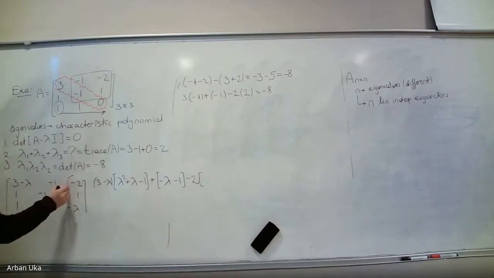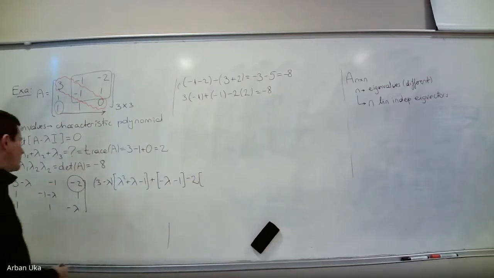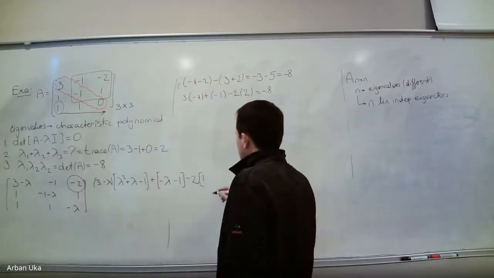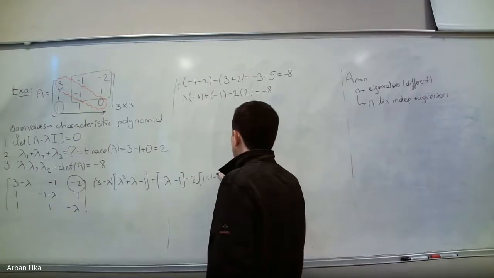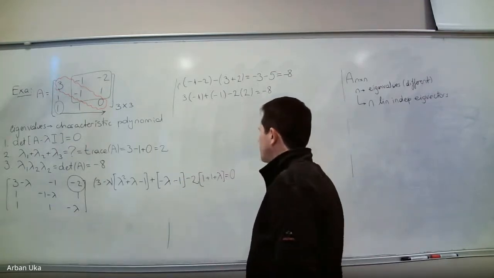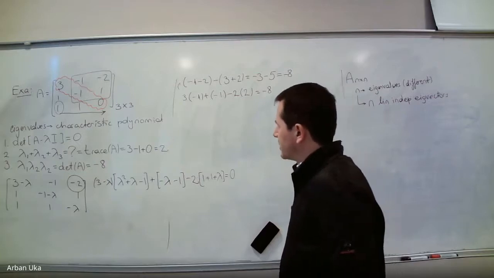So we're talking about this minus 2 times 1 plus lambda plus 1 times 1 plus 1 plus lambda. This should be equal to 0. So our polynomial, this is what it should be looking like.